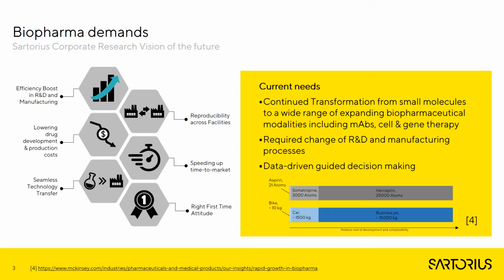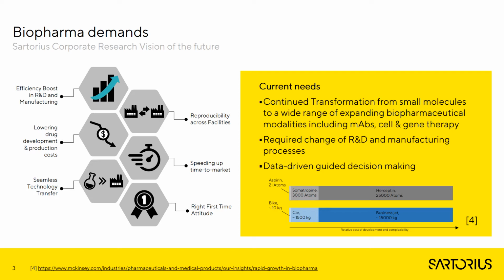The biopharma industry will continue the expansion from small molecules to a wide range of large biologics and biosimilars, which are a lot more complex. Just to highlight this, a small molecule like aspirin consists of 21 atoms, whereas the hormone somatropin consists of 3,000 atoms. The monoclonal antibody Herceptin consists of 25,000 atoms.